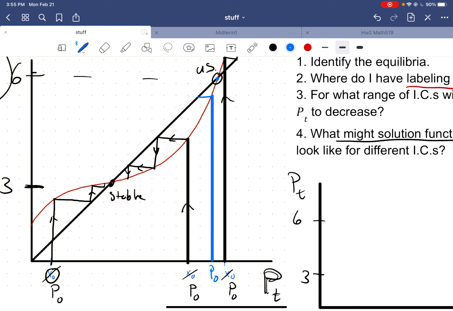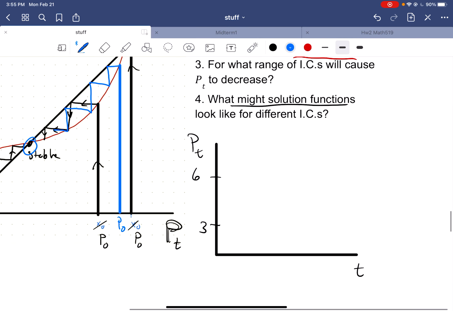I'm still going to be drawn towards the equilibrium of 3, not the equilibrium of 6. So if my initial condition is really close to 6, maybe this is 5.9, I'm going to move away from 6 and then towards 3.